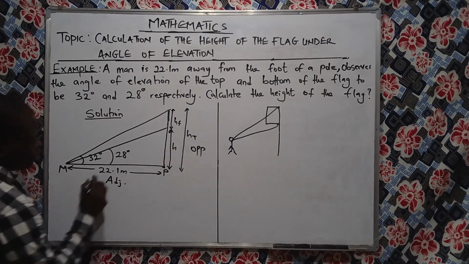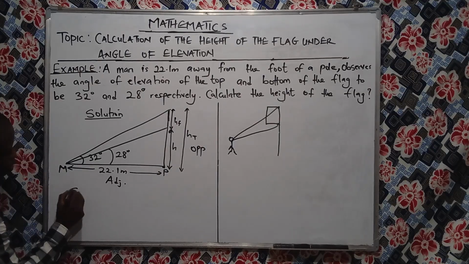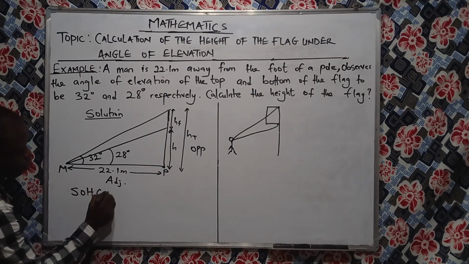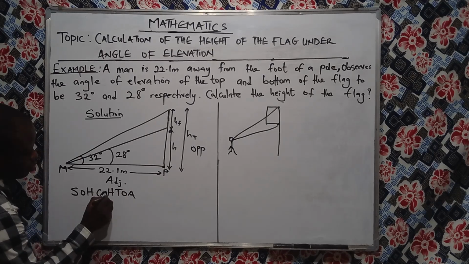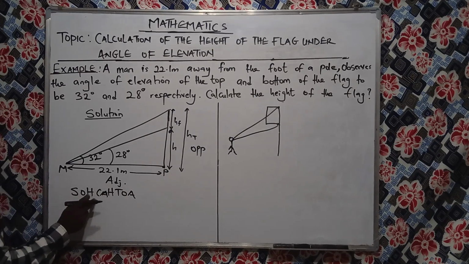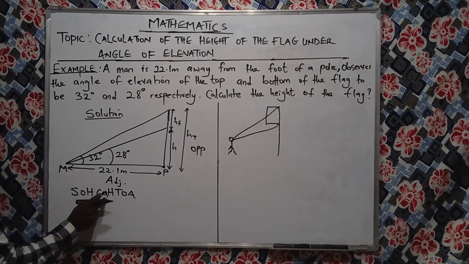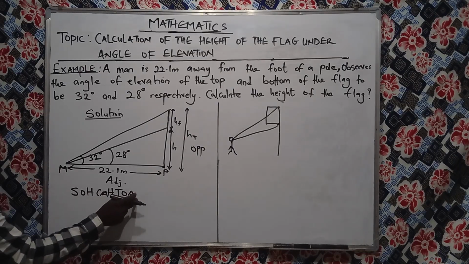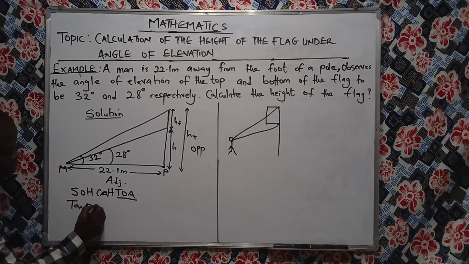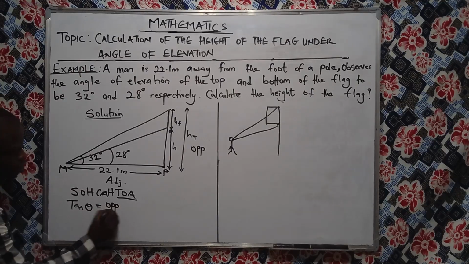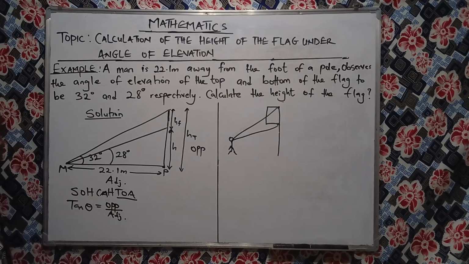We are going to use tan theta because we have opposite and adjacent. Don't forget your SOHCAHTOA. Sine is opposite over hypotenuse, cos is adjacent over hypotenuse, tan is opposite over adjacent.